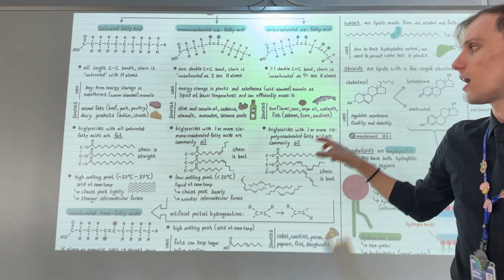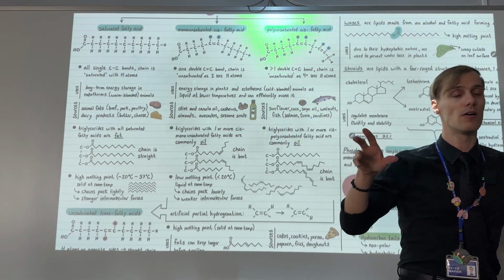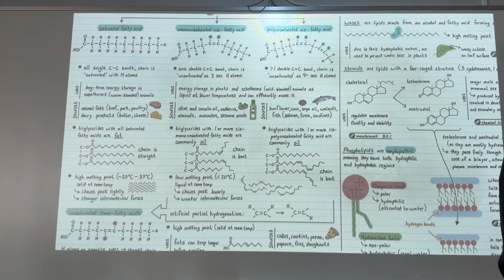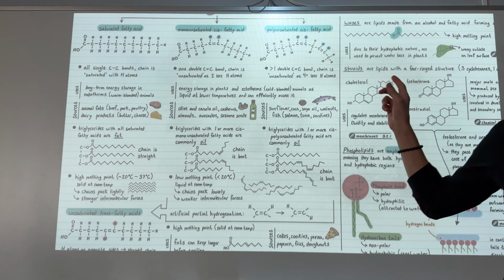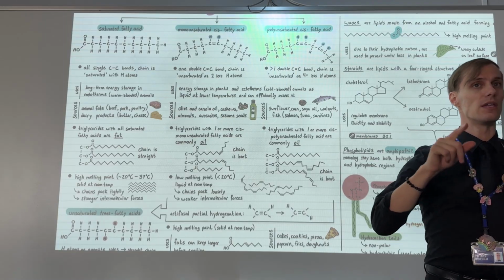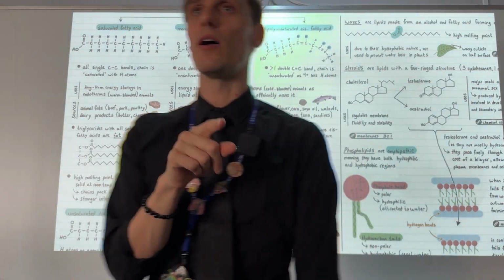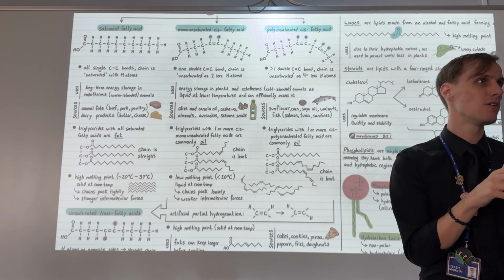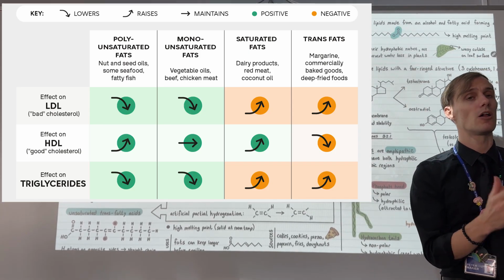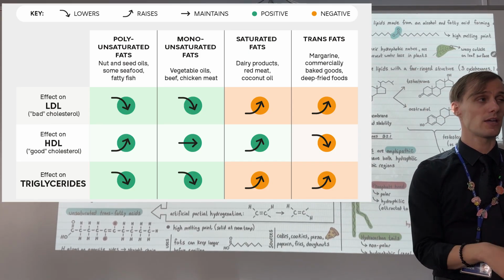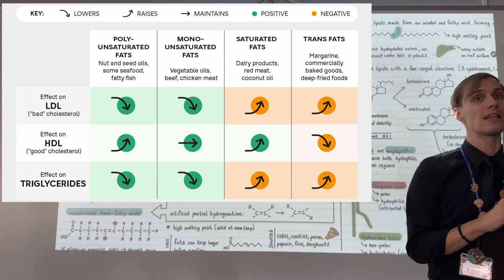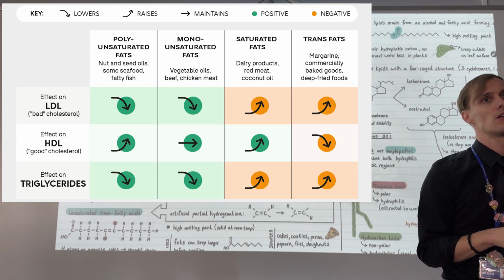Something that we'll look at a lot, and I'm just going to preview it now, we will eventually get into what are the dietary or health consequences of these fats in diet. The preview, the too long didn't read version of this, is that if possible, you should promote polyunsaturated fats in your diet, and you should minimize saturated and outright eliminate trans fats if you can in your diet.